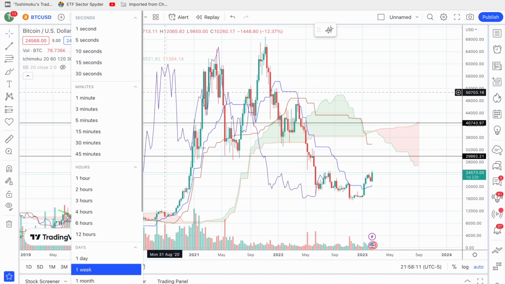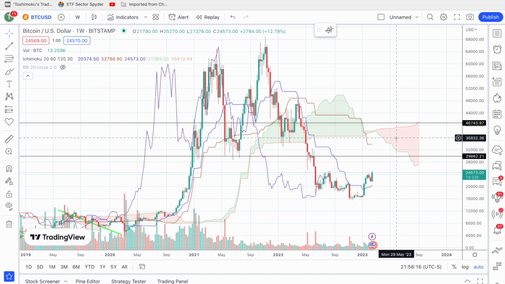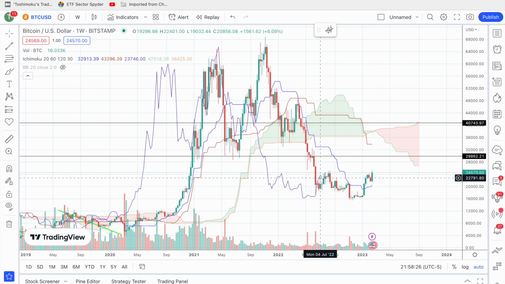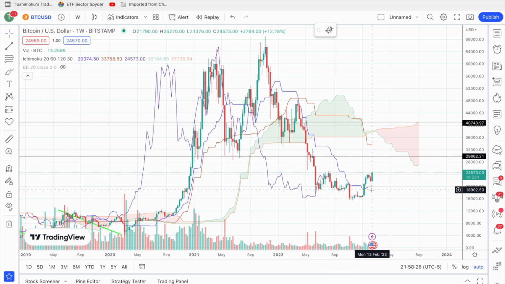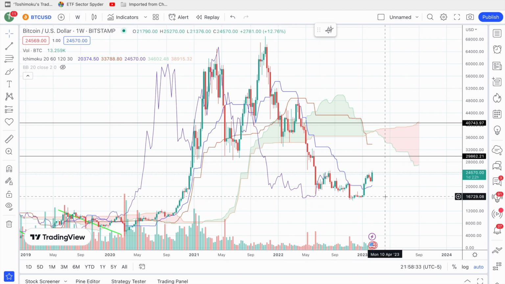On the daily, a couple times maybe you're getting a little bit of a head fake, but right now, obviously, we have price below the cloud, the cloud is red, the baseline is above the conversion line, and the lagging span is under the cloud. So when all four of these things flip on the weekly chart, that's when you're going to know that Bitcoin's back in that bull cycle, baby.